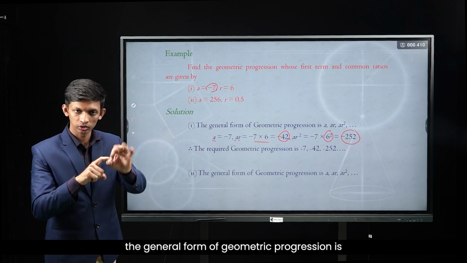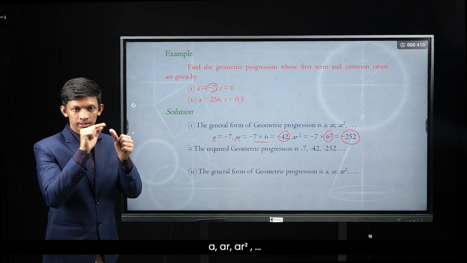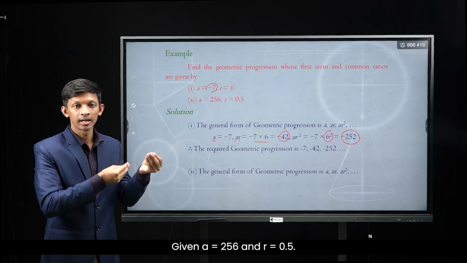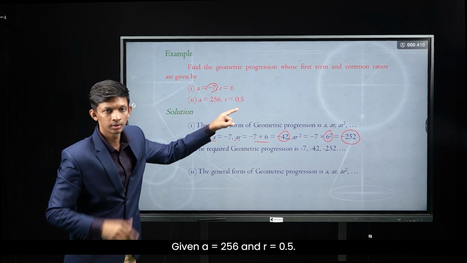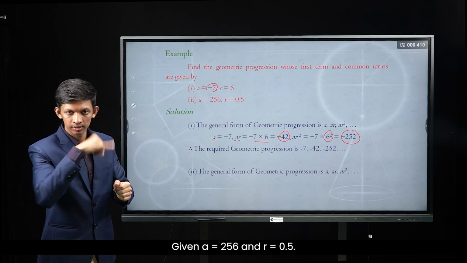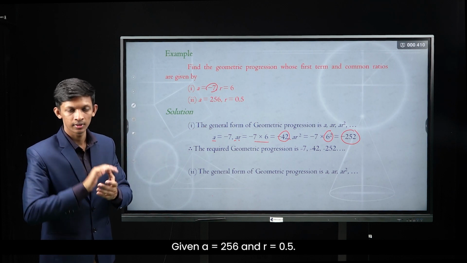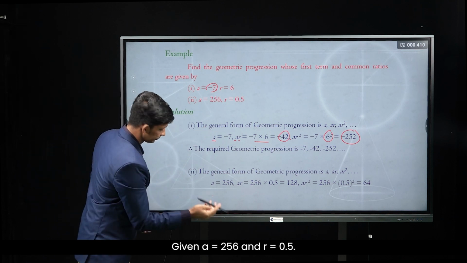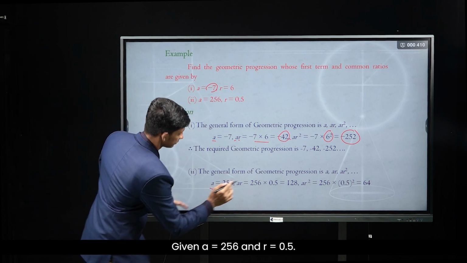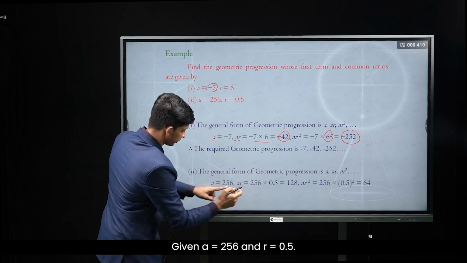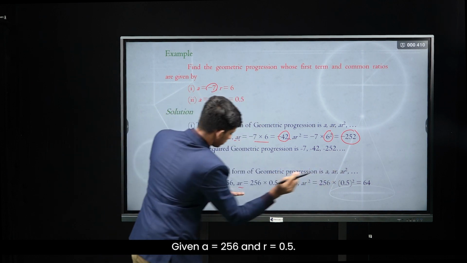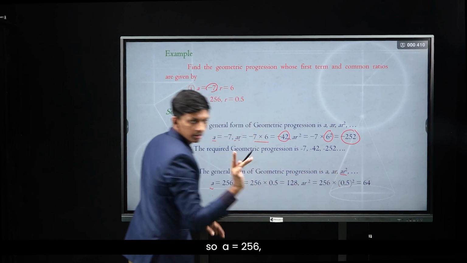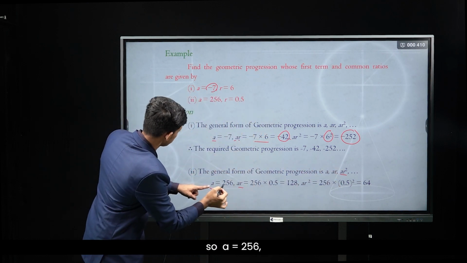Second question. The general form of geometric progression is A, AR, AR square and so on. Given A is equal to 256 and R is equal to 0.5. So, A is equal to 256.